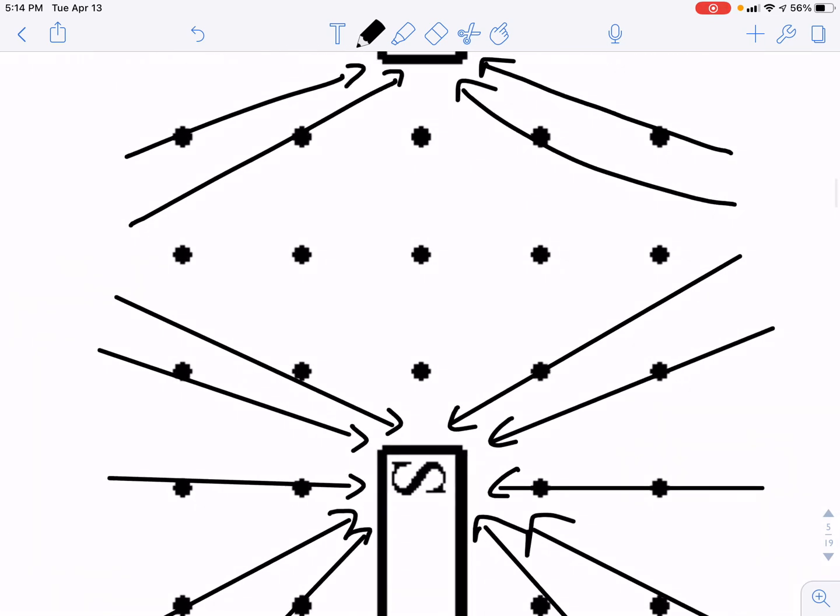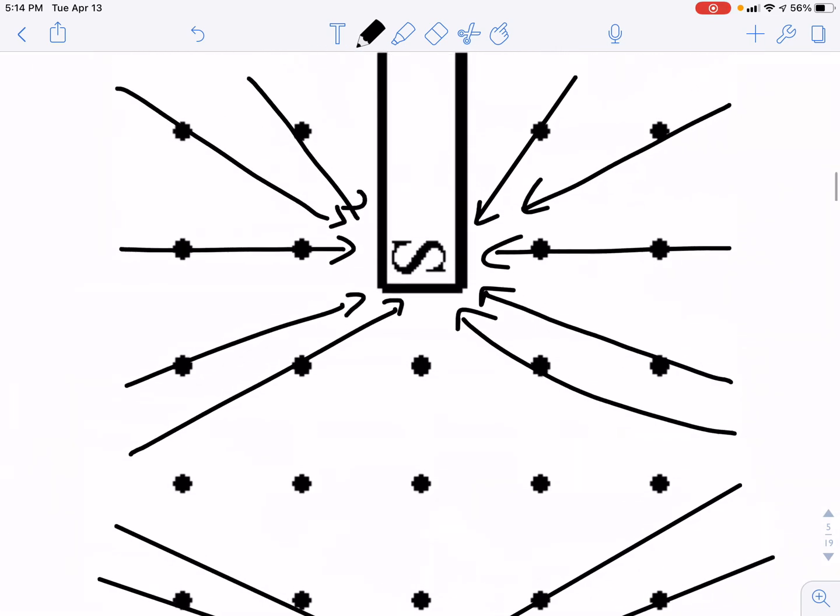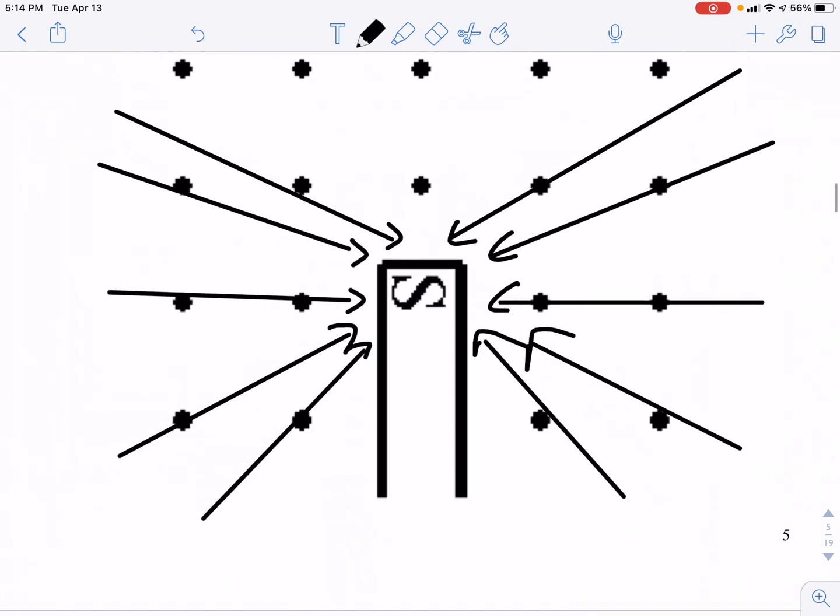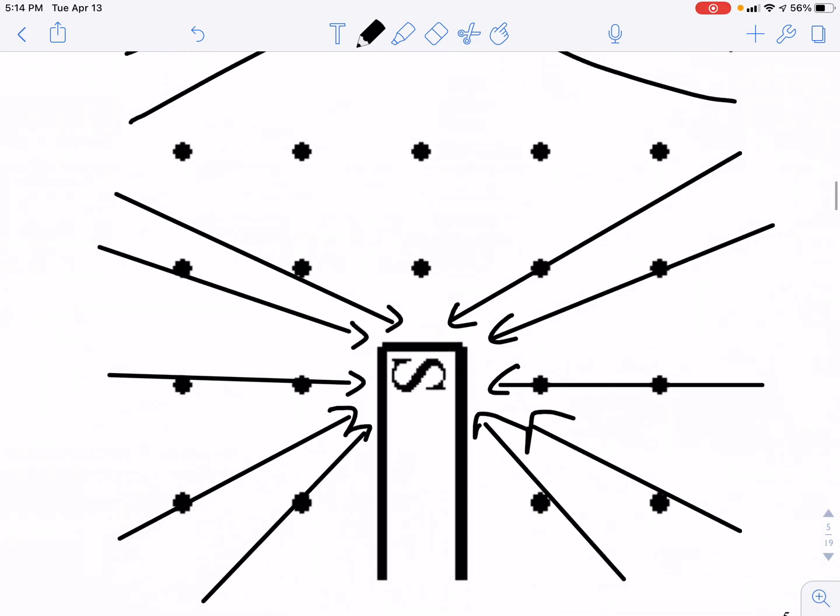And so you'd have two sets of magnetic field lines that are essentially repelling each other in the middle, but going in towards both south poles.